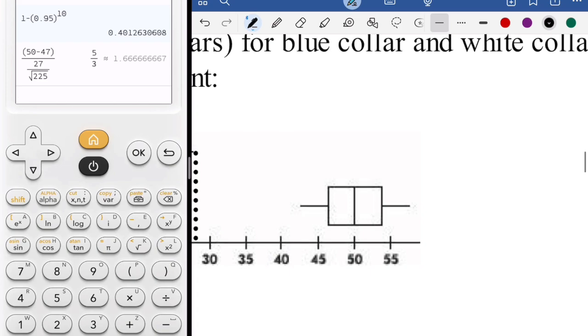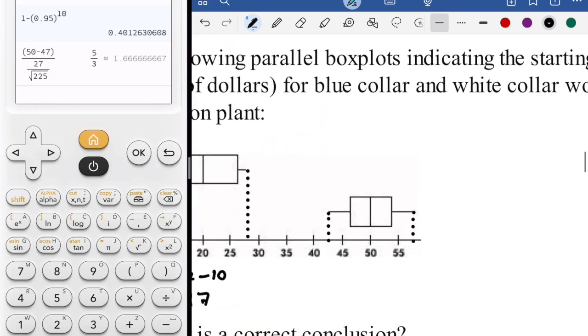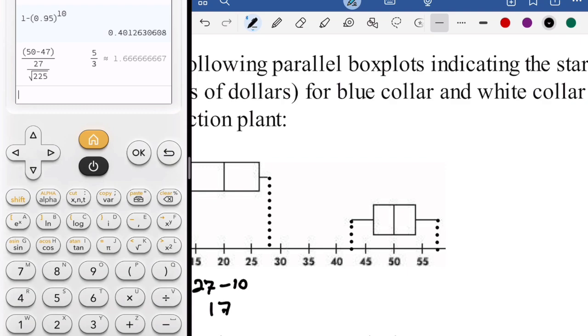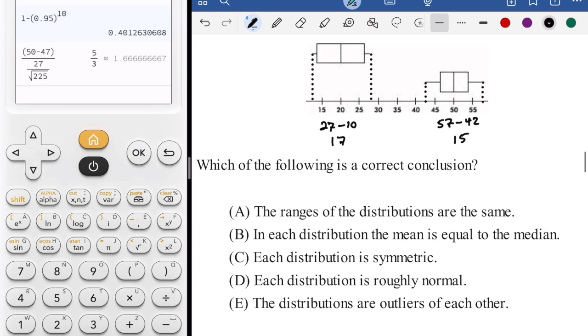And this one, we're really eyeballing it here. They didn't give us any other information. So this is like 42, and maybe let's say 57 minus 42. Well, that's going to be 15. Well, I wouldn't say the ranges are the same, but I just guess, so I don't know that I can say that they're not the same.